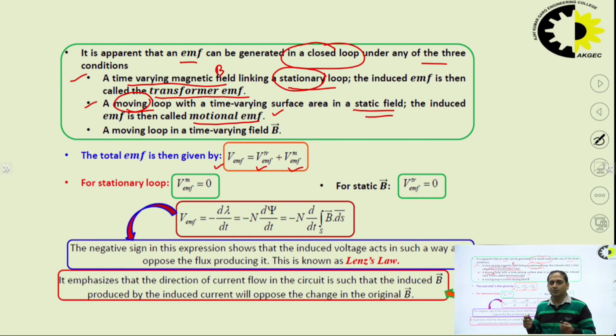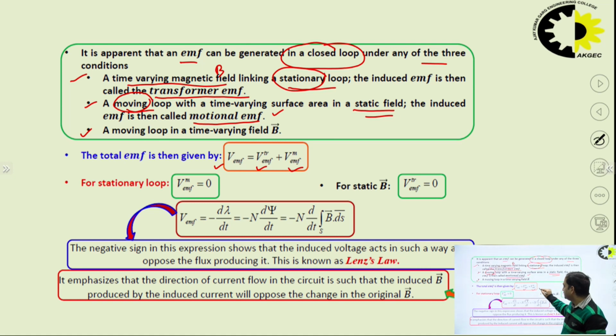So both the transformer EMF and the motional EMF will be there in the third case. This is the main thing you have to take care of about generating the EMF when both the loop and the field are varying.